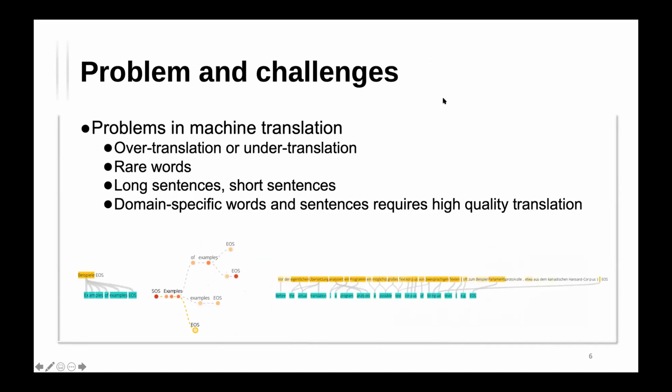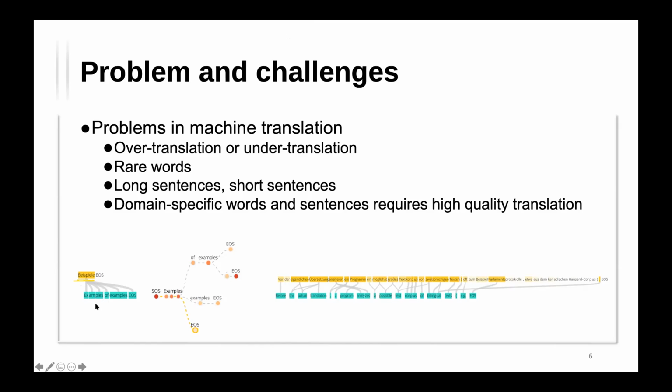Often, some problems happen in machine translation. The first is called over translation. That means one word might be translated over and over again. For example, in this case, I believe this word in German should have the meaning of examples.